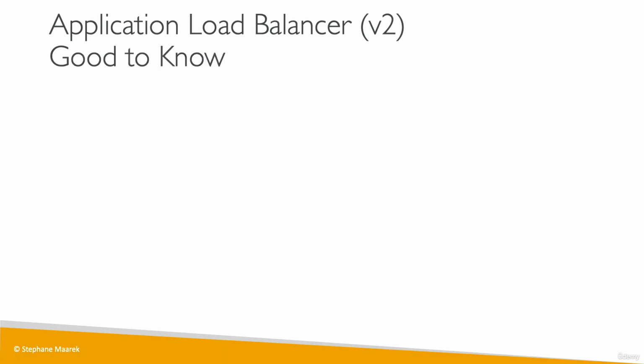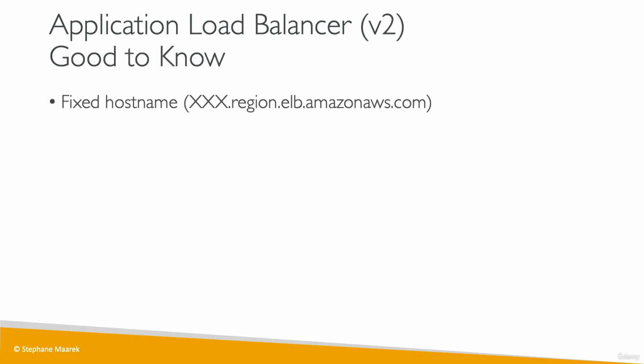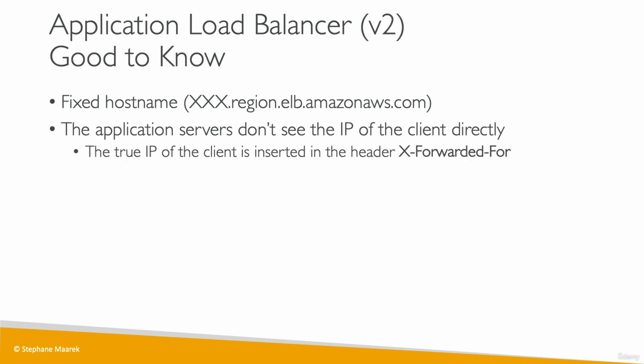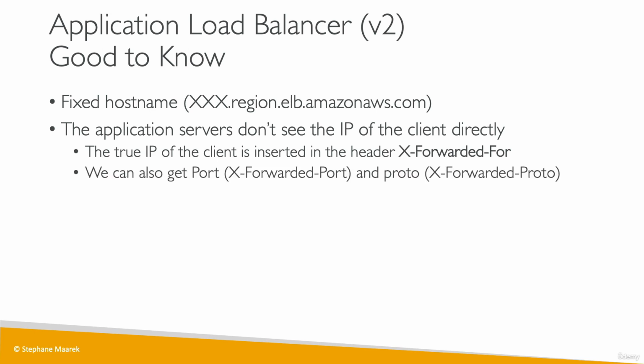So good to know before we go into the hands-on: you also get a fixed hostname with your application load balancer, just like the classic one. The application servers don't see the IP of the client directly. The true IP of the client is going to be inserted instead in a header called X-Forwarded-For. You can also get the port using X-Forwarded-Port and the protocol used using X-Forwarded-Proto.